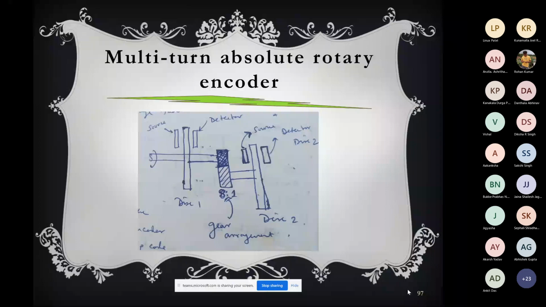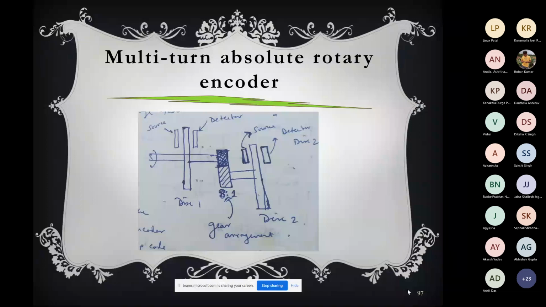You can get a gear arrangement of 4 is to 1, 2 is to 1, or 16 is to 1, based on how many turns you want to measure. So the first disk is connected with the second disk with a gear arrangement of different gear ratios. In the figure it is 8 is to 1.